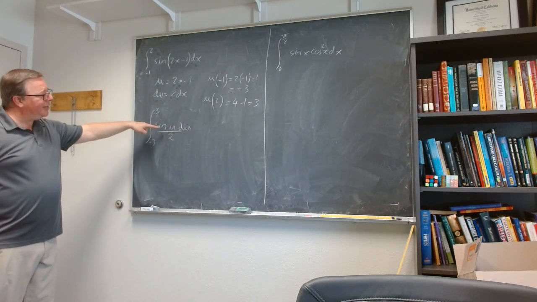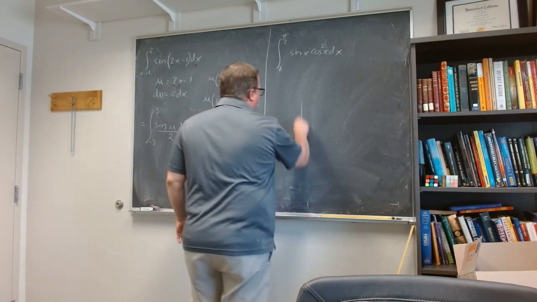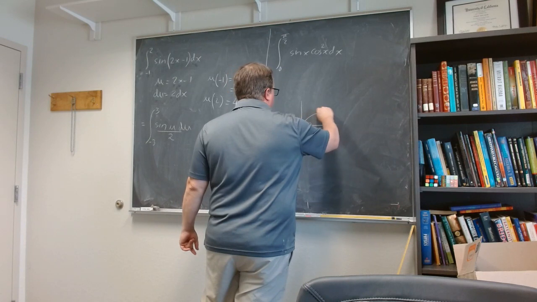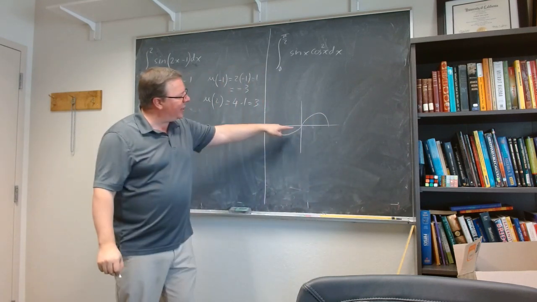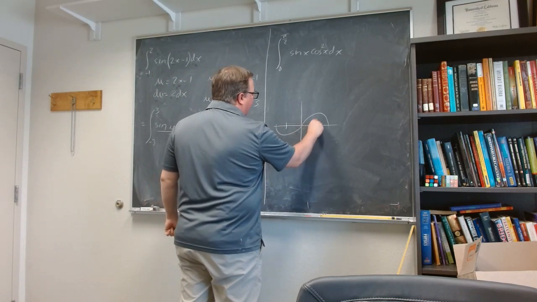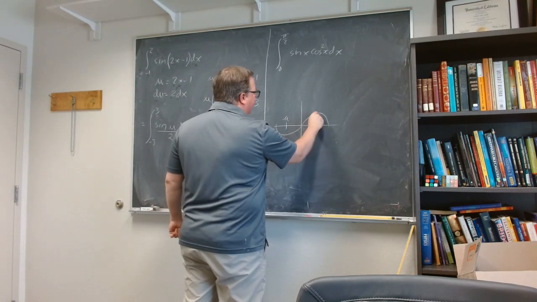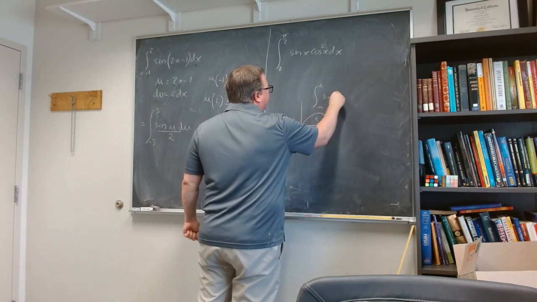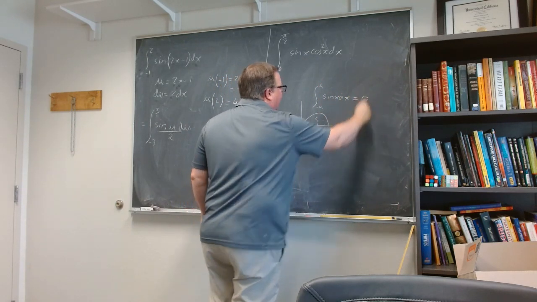Now, sine is an interesting function. Remember the sine wave? It's perfectly symmetric from the positive to the negative. So whenever we integrate from -a to a, the integral of sine of x dx is always 0.